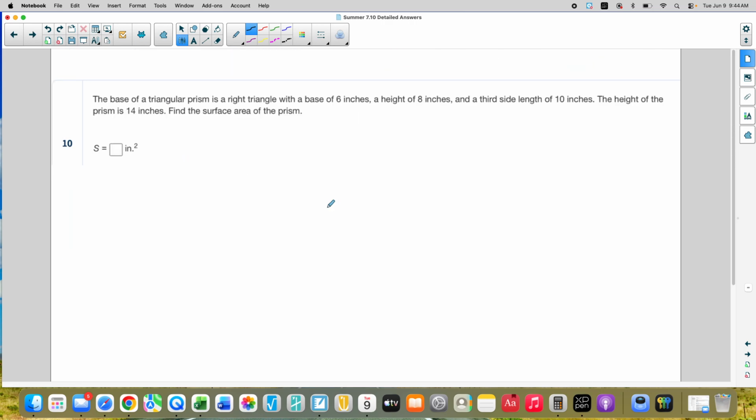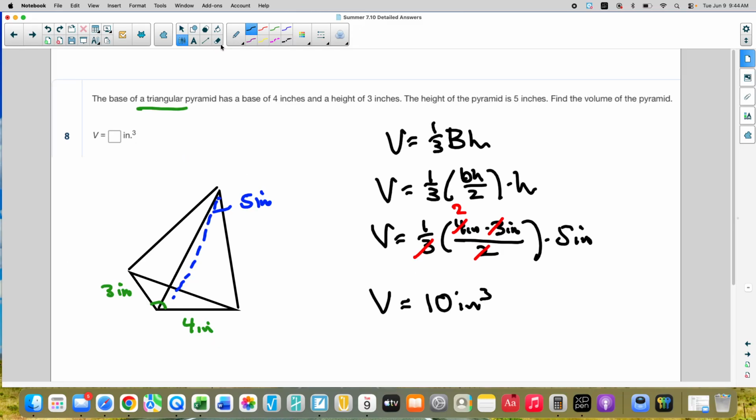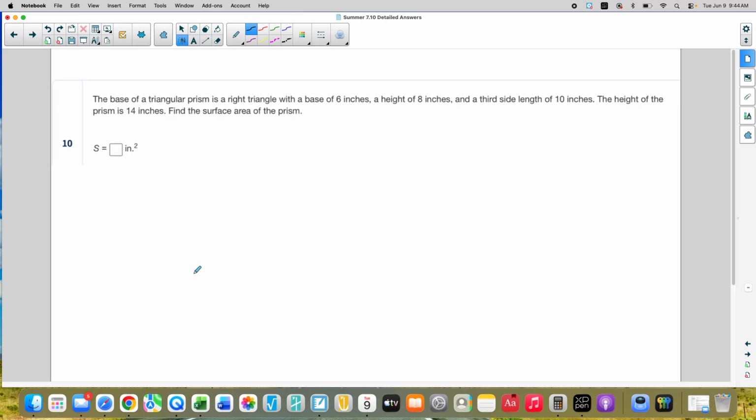As I stated, you get a right triangle. It's a little bit more like what I had drawn here, but that was finding the volume. We're going to find the surface area, so finding this triangle with this base, this triangle with this base, etc.